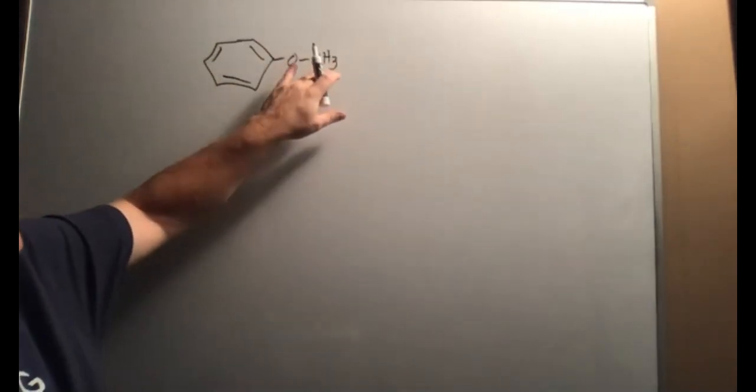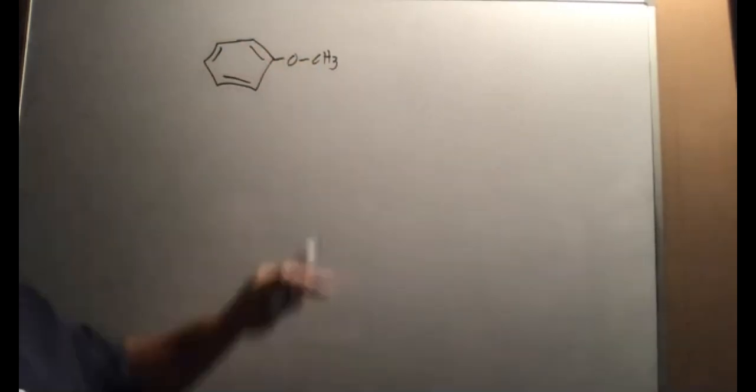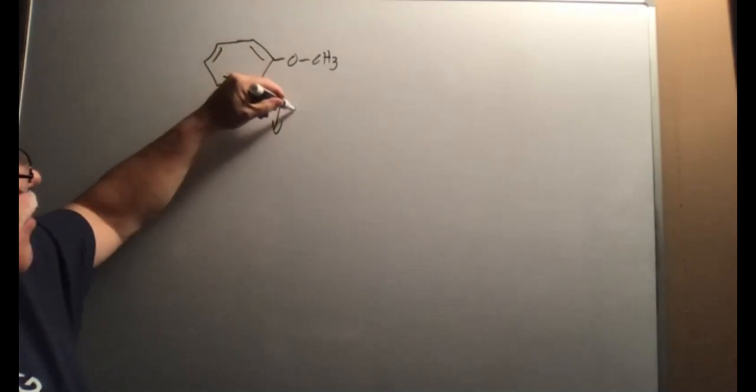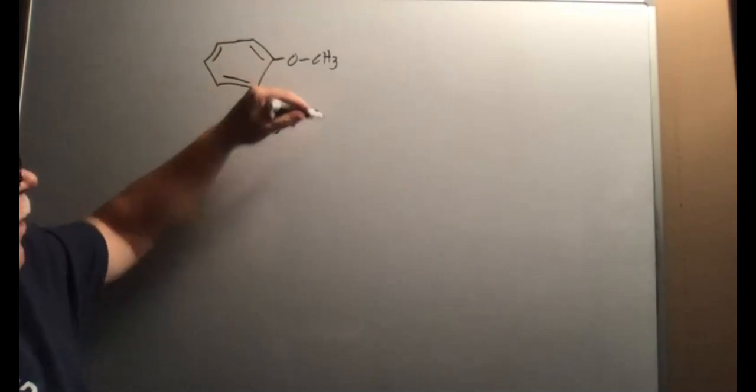Do you agree if you named it by the common method, it would be methyl phenyl ether? You don't know how to name it by the systematic method yet, but it would be methoxybenzene. Because a 6-member ring, when it's the main chain, we'll learn in one of the next chapters, is called benzene.